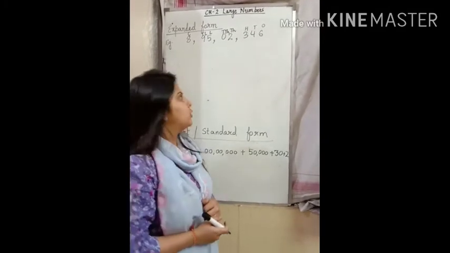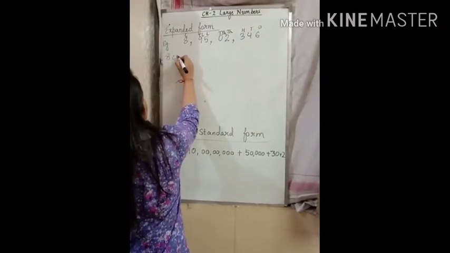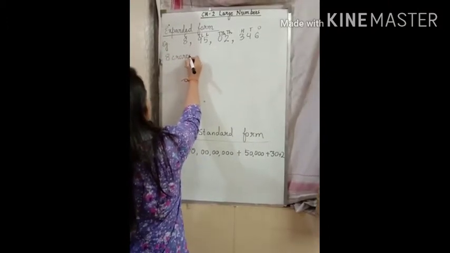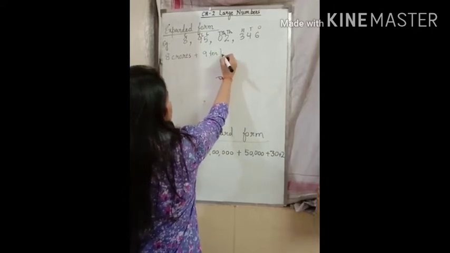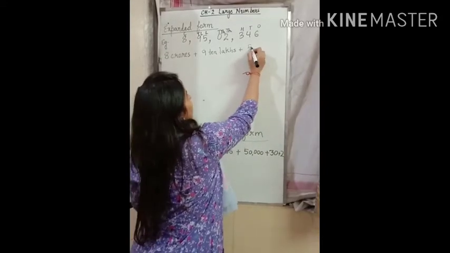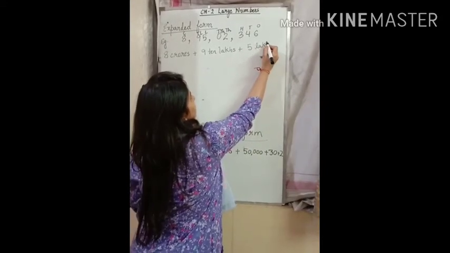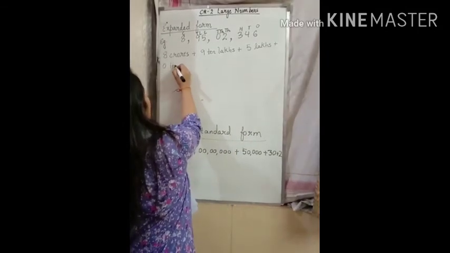Let us see the first way. Now this 8 is on which position? Crores. So we will write 8 crores plus 9, 10 lakhs plus 5 lakhs plus 0, 10,000.